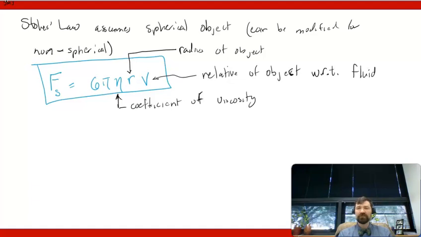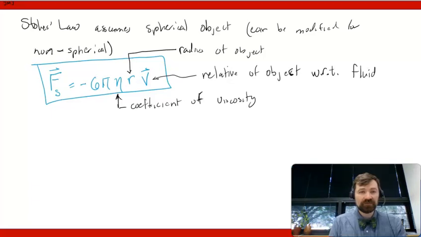But we need to be in the reference frame, let's say, of the fluid, and then figure out what the velocity of the object is. Okay, so this is Stokes Law drag in general. If you want to write it with a vector form, then you put a minus sign on it. The drag is opposite the direction of this relative velocity.